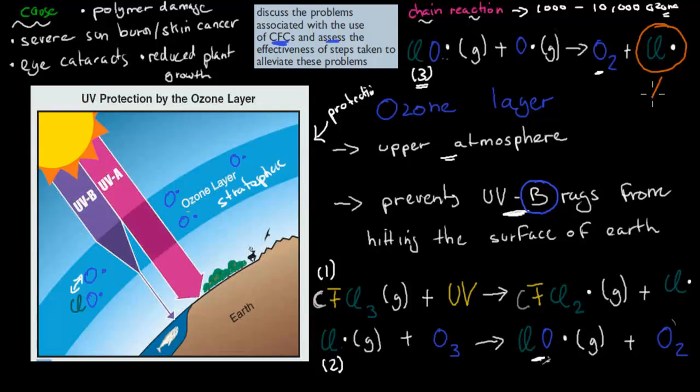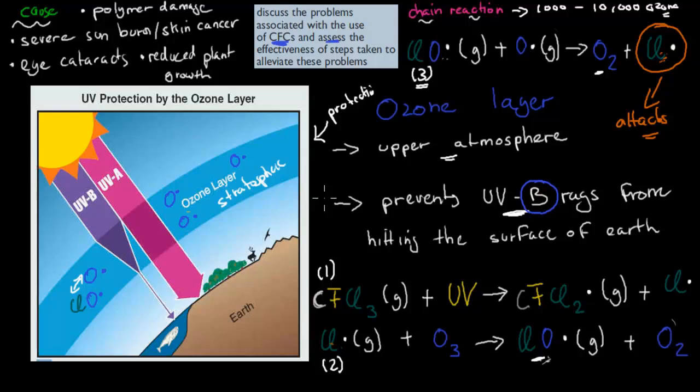So this original one, which was the one that actually attacks ozone, will reform when a chlorine oxygen radical meets an oxygen radical, and that happens in the stratosphere after reaction 2. And that means once we have this, then this can start again, chlorine breaking down ozone. And this will happen over and over again, so it's going to be a continuous cycle. And that's why one single CFC molecule can result in the destruction of tens of thousands of ozone molecules.